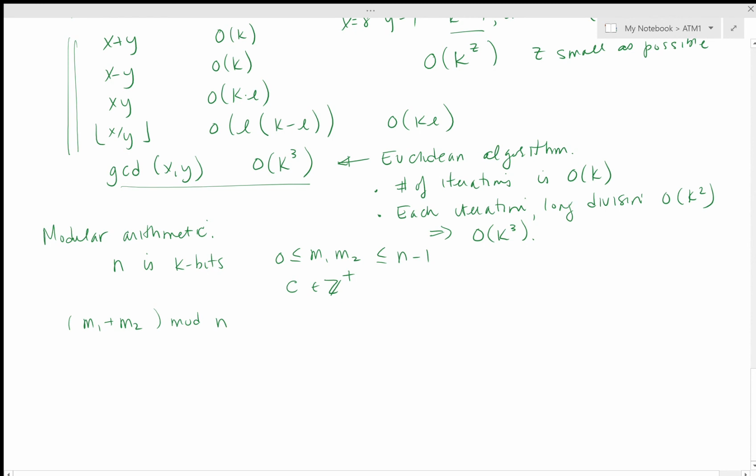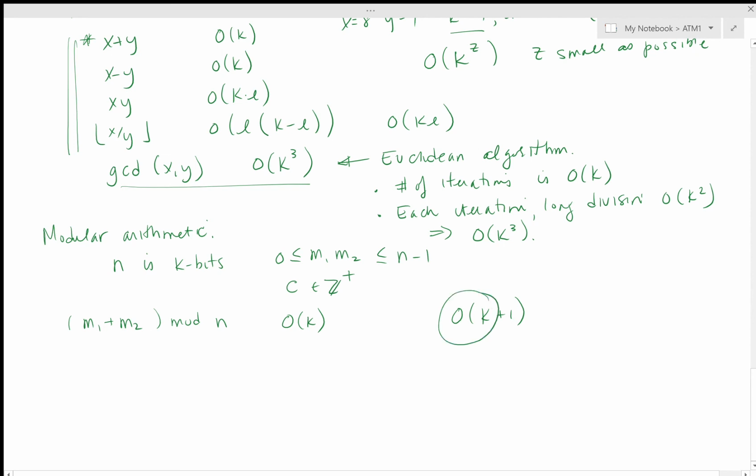That is still of order k, because really we're doing the corresponding integer operation that we just saw up here. We're adding two numbers together, and then we do one single reduction mod n. That is an insignificant portion. We would not generally write something like O of k plus 1, because this term is the dominating term.